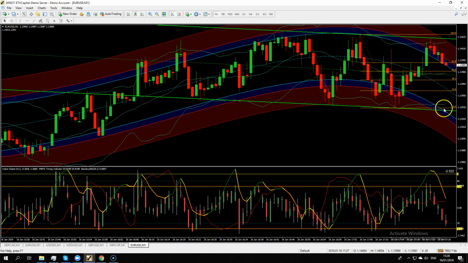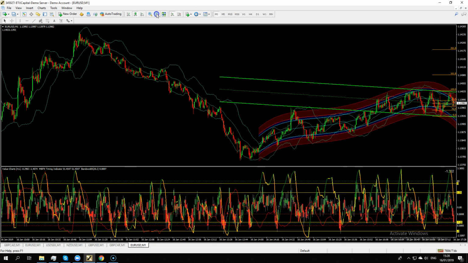The most important ones are the 0, 38.2, 61.8 and the 100. Now it can go beyond that too. If I just minimize this chart a little bit, you'll see that it goes up to 161.8 and 261.8 as well.